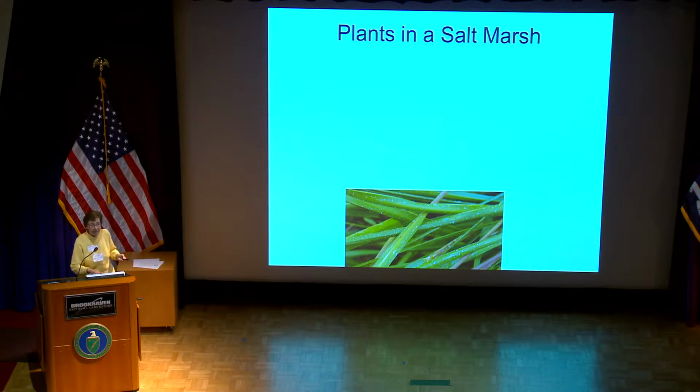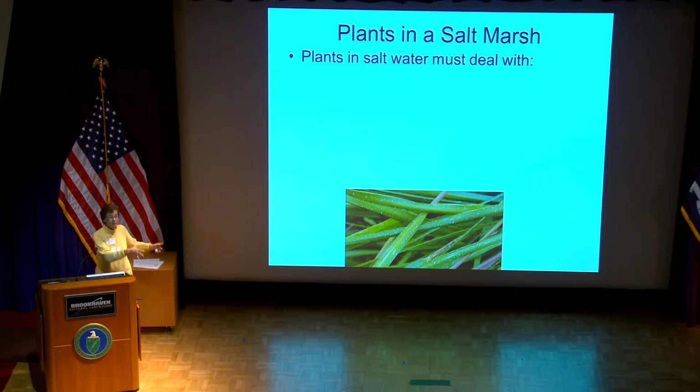A plant living in a salt marsh has to deal with some unique problems that a typical grass, typical plant would not have to deal with. One is that it's going to be living in salt water. Now, if you were to put salt water on the grass in your lawn, your grass would not be very happy and probably would not survive very long.